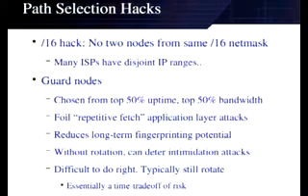The problem is that a lot of ISPs do have disjoint IP ranges, and you can always go up another layer on the internet hierarchy, I guess, and target those internet exchange points.